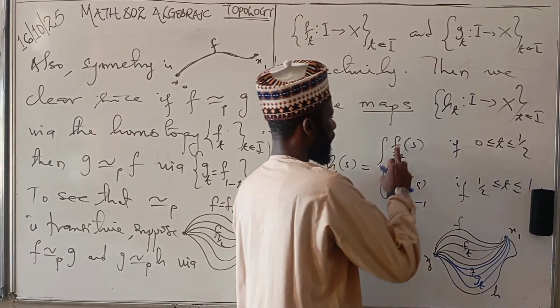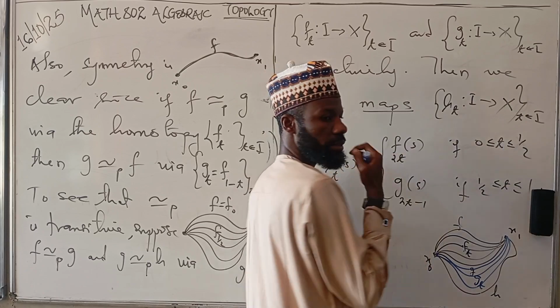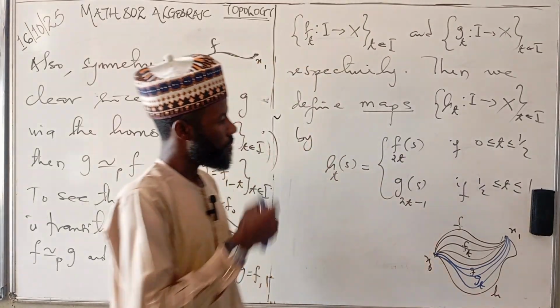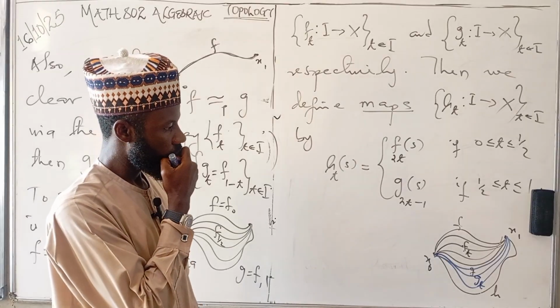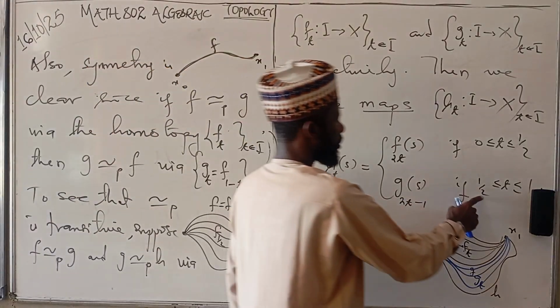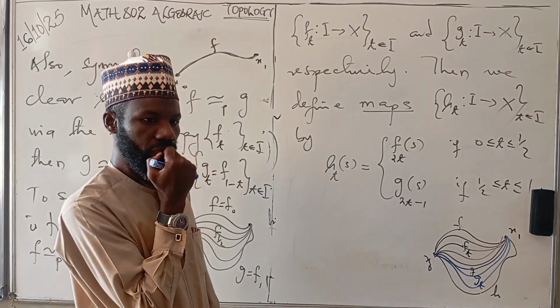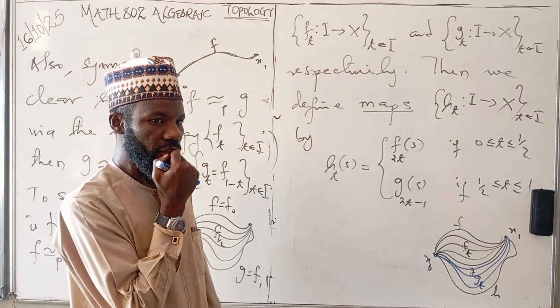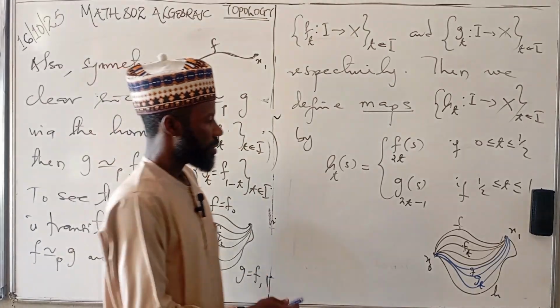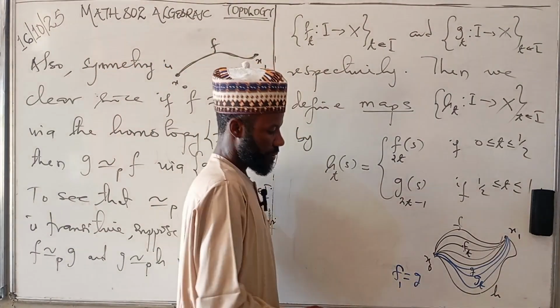So what we are saying here is, at t equal to half, you have f1. And at t equal to half here, this will be what? G0. You remember what F1 is? It is g.